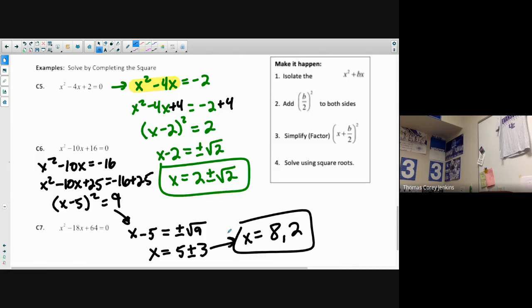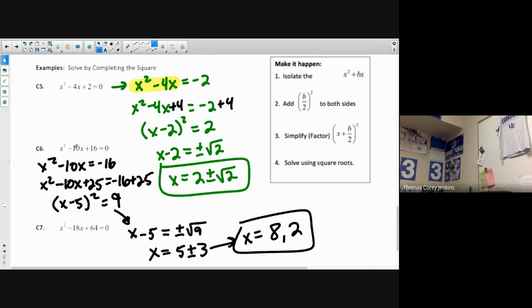And obviously these answers are nicer because you can easily plug them back into the original equation. You can also see them graphically. And also another point to this is if we get answers like that, 8 and 2, what else does that tell you? That tells you that we probably could have just factored this thing out our normal way.